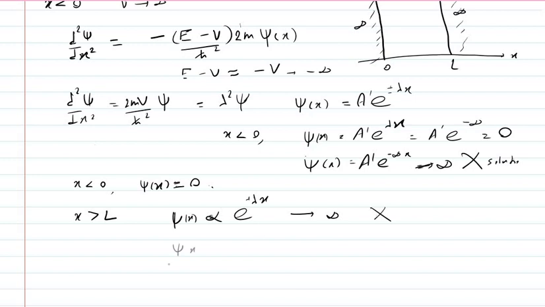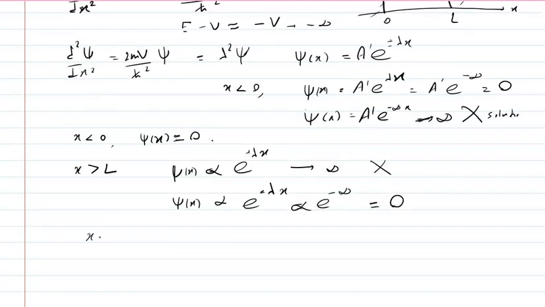It's not feasible. And when we get minus lambda, for any value, this is equal to minus infinity. For x greater than 0, this becomes feasible and it is equal to 0. So the conclusion is when x is greater than L, the wave function is equal to 0.